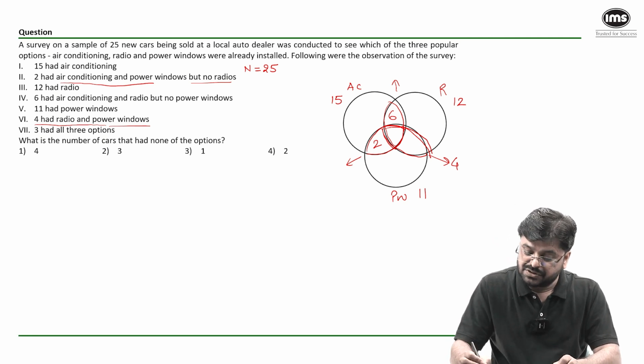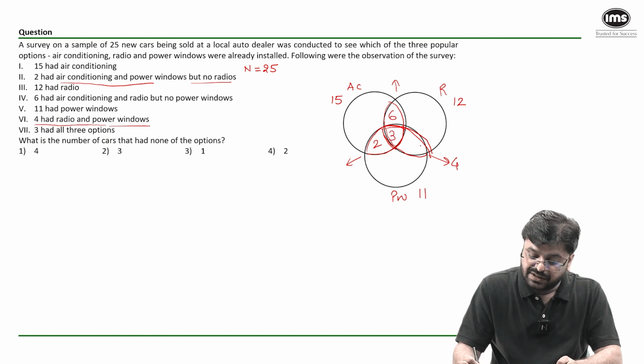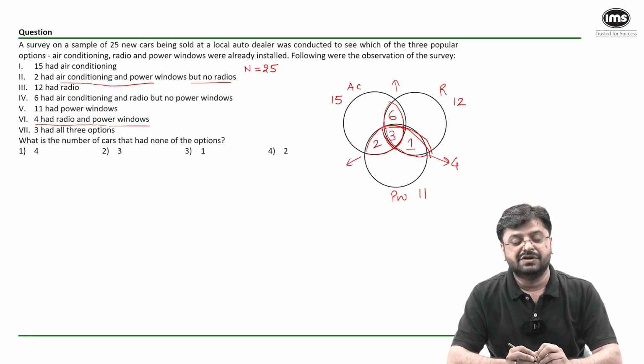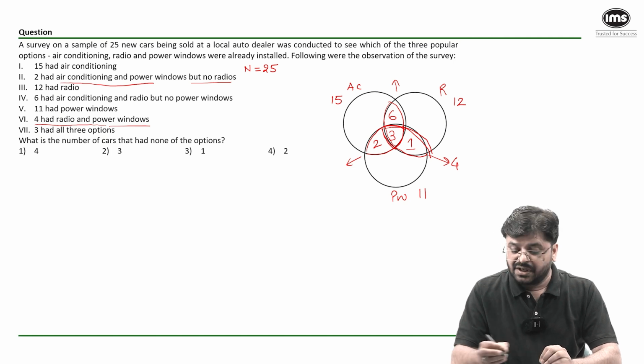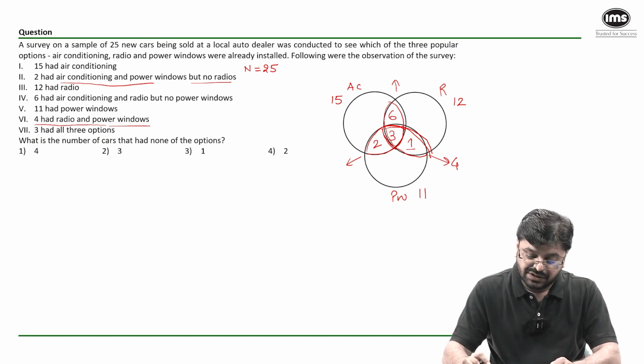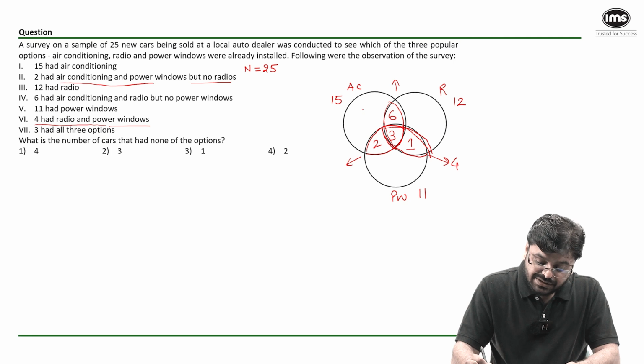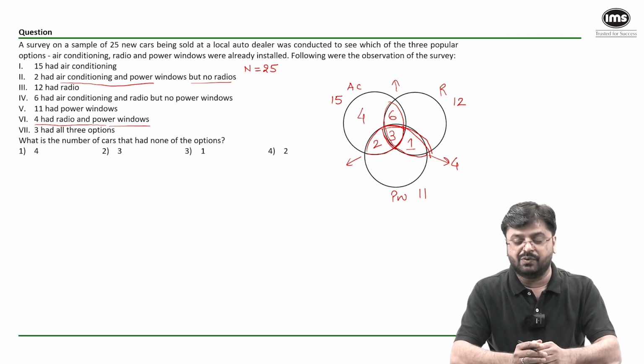3 had all 3 options. So if it is 3, that means there's only 1 car which had only radio and power window, but not AC. In all, 15 cars have AC, of which we know about the 11 cars which have at least one other feature also. So the remaining 4 will have only AC.